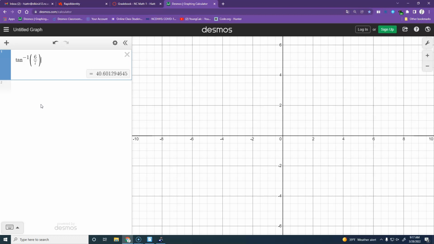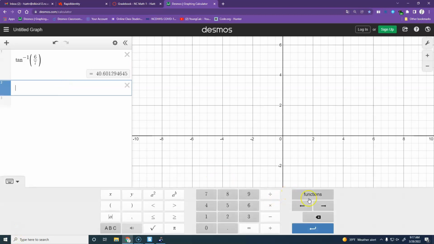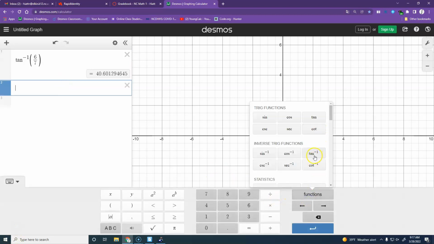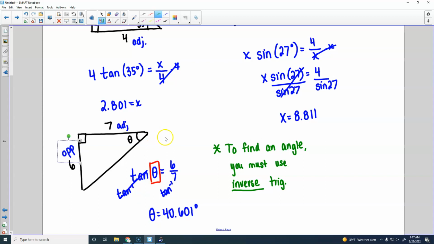So you can type in tangent to the -1 power, 6 over 7, it works. Or inverse tangent is going to be here on functions whenever you see it. So basically with these problems, you're either finding a side or an angle, right?